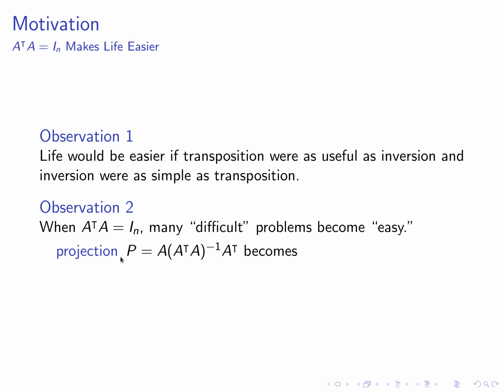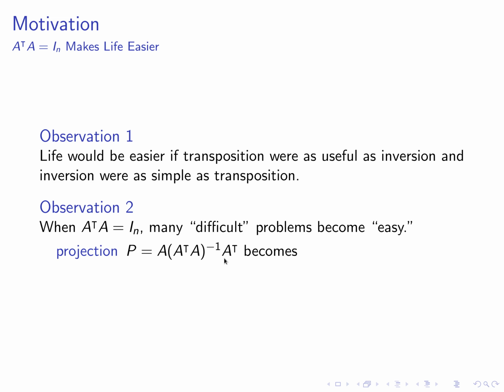So if we think about projection problems, whenever we construct a projection matrix, the projection is of the form matrix A times the inverse of the Gramian of that matrix multiplied by A transpose. Well, if we know that the Gramian is equal to the identity matrix, inside of the parentheses here we have the identity, and it doesn't take any effort to invert the identity because the inverse of the identity is equal to the identity.